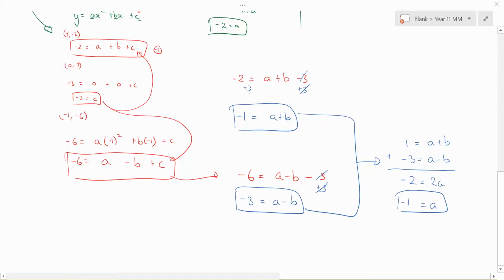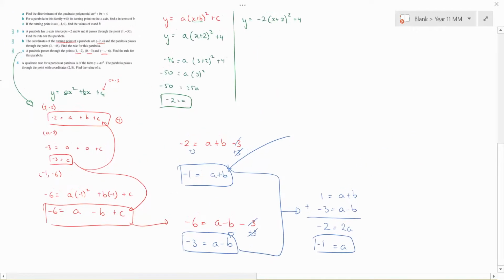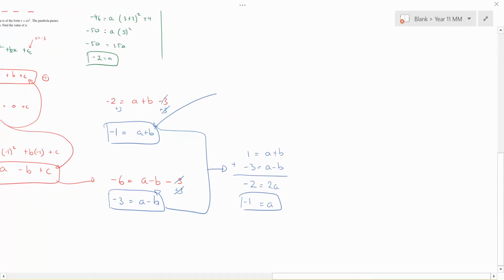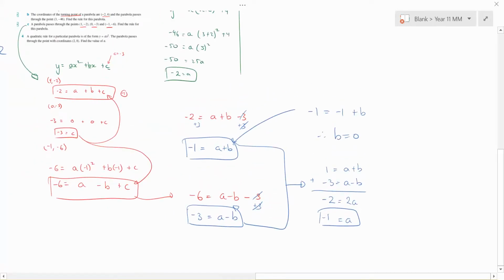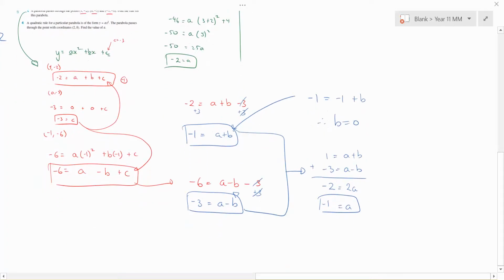Now, if a equals negative 1, then according to our equation over here, or this one, it doesn't matter which one you choose, subbing negative 1 in, you've got negative 1 equals a plus b. So a is negative 1, therefore b is 0. That doesn't make sense. Wait, I must have done something wrong. Let me double check.